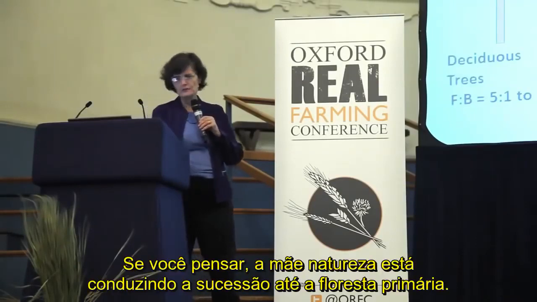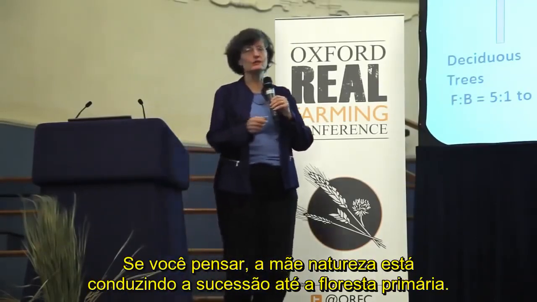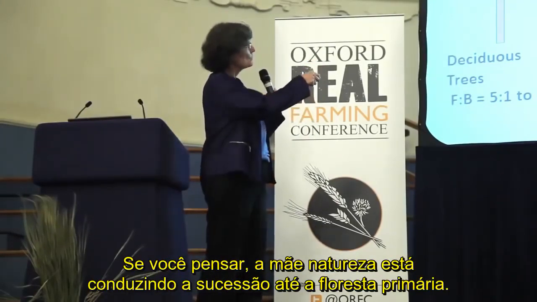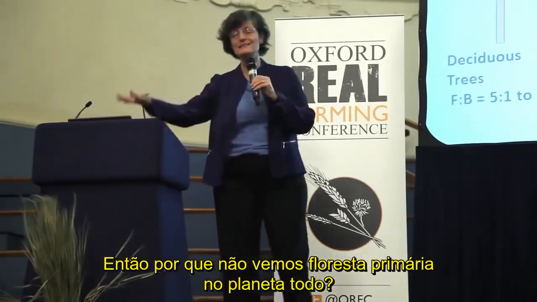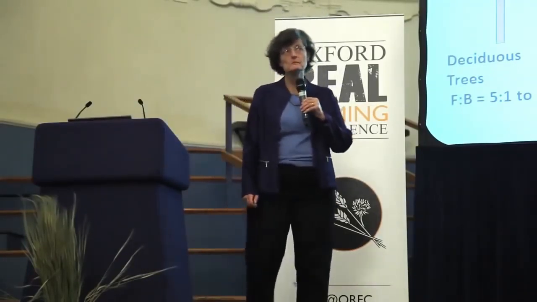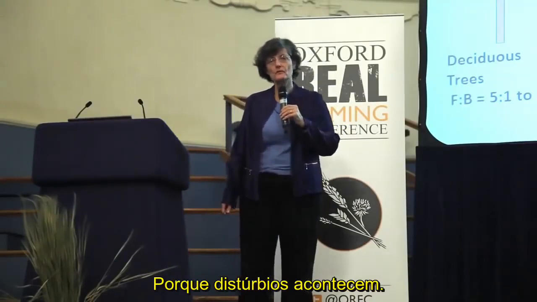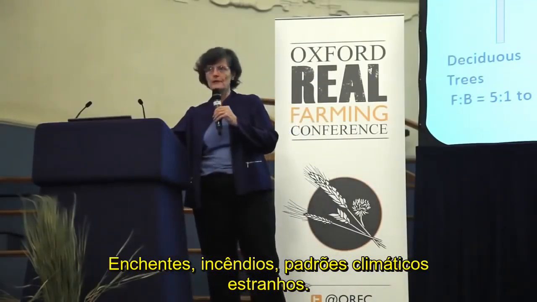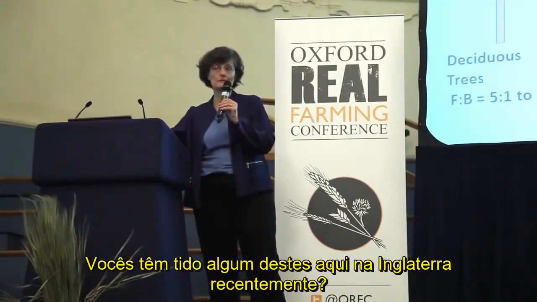So if you think about this, Mother Nature is driving succession towards that old growth forest. So why isn't everything on this planet an old growth forest? Because disturbance happens. Floods, fires, odd weather patterns. Have you had some of those here in Britain recently?